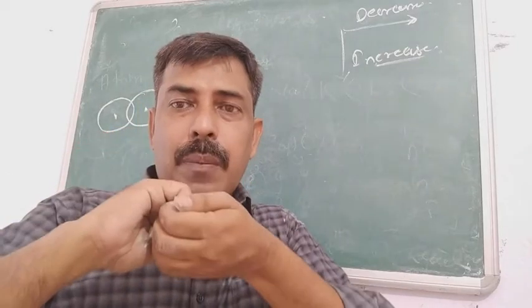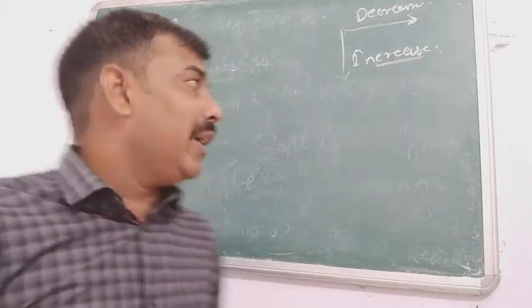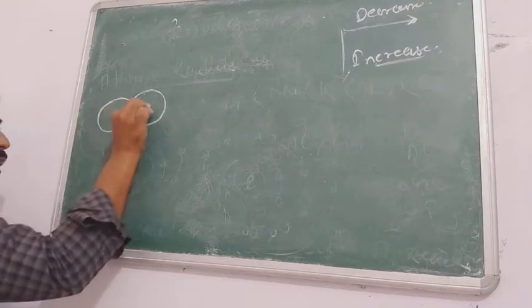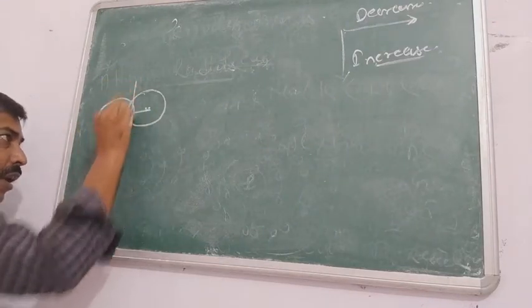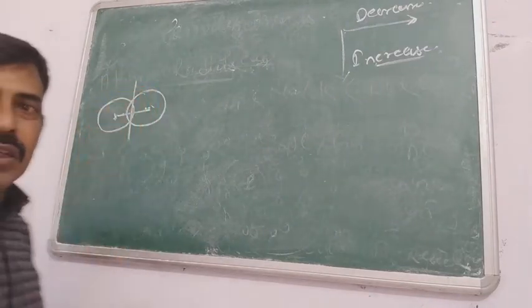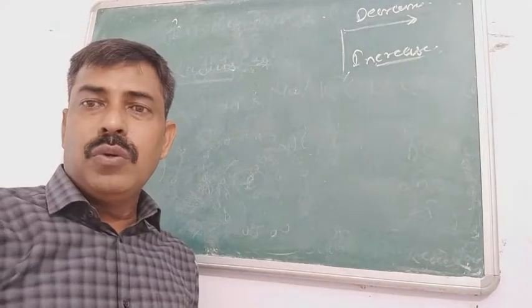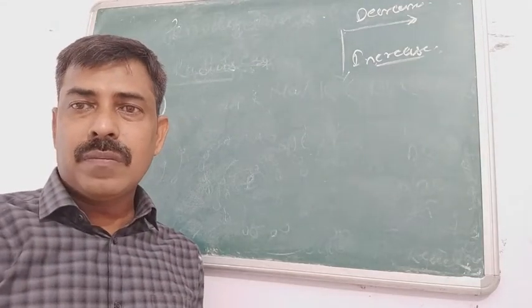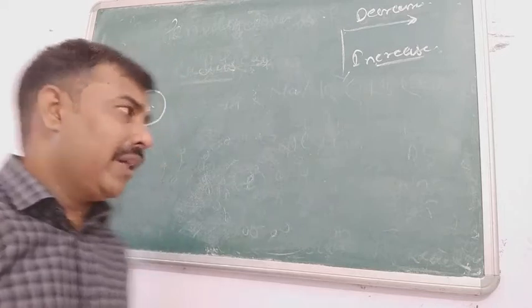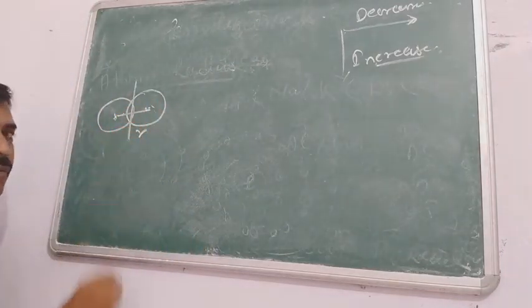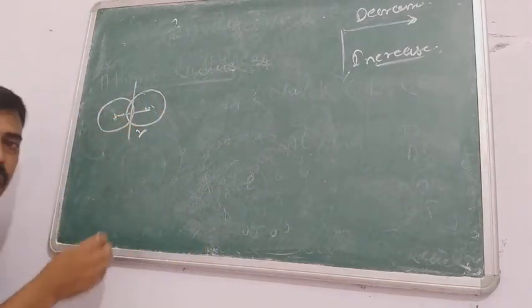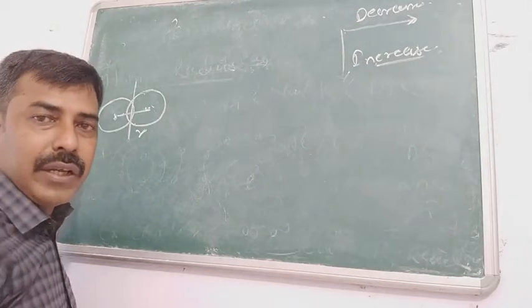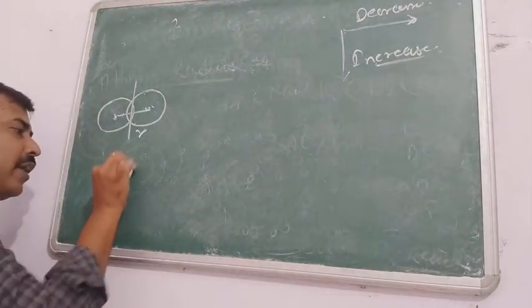And if the overlap of the shells is taking place, then the atoms will come closer to each other, and half of the distance between two consecutive atoms' nuclei is called the atomic radius. This is the R, and such a radius is called the covalent radius.